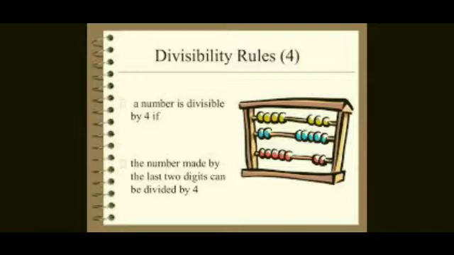Divisibility rule of 4. Just write divisibility rule of 4. Can you see the divisibility spelling here?